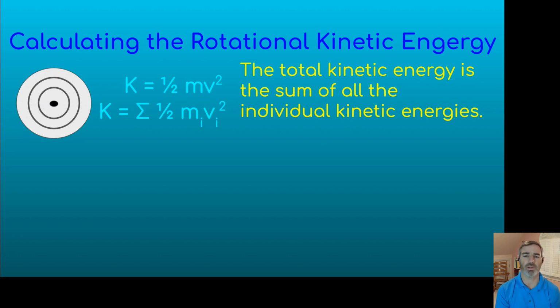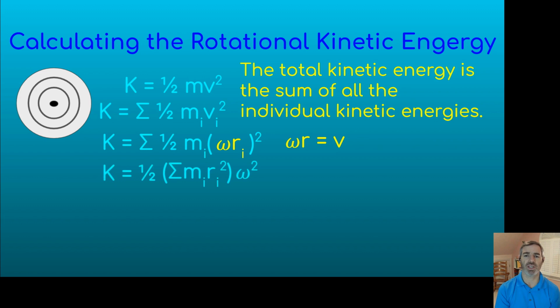We know that the angular velocity times the radius is equal to the speed. So we can substitute in the angular velocity times the radius for our individual velocities. We can use the individual radii for those, but we know that the angular velocity is a constant. That's the same for all mass, so we can take that out and only sum up all the things that are different, which are the masses at each radius.